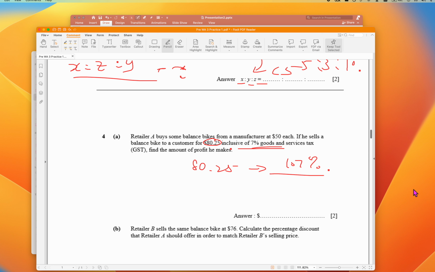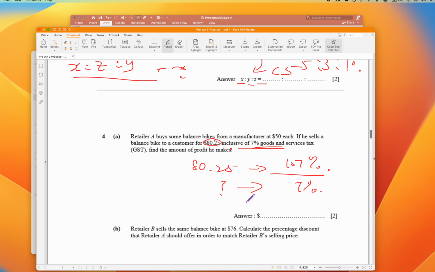Show me 80.25 is 107%, then find out what is 7%. So what is 7%? 5.25. The answer might be correct, 5.25, but your approach is wrong. Okay? Do you know that your approach is wrong?